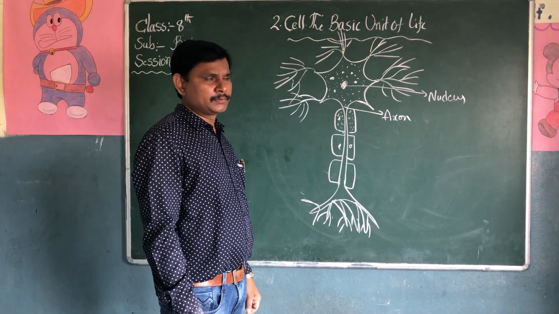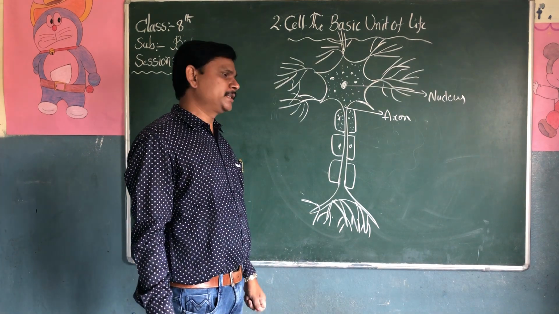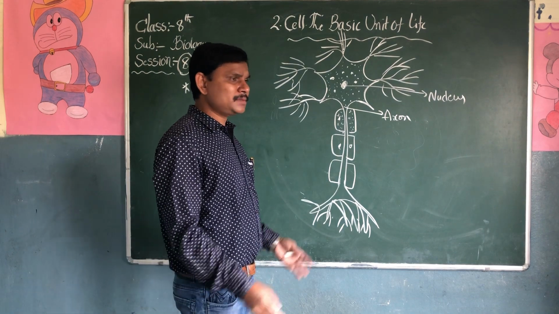Bone cell is there, red blood cells like RBC and WBC, smooth muscles, striated muscles.